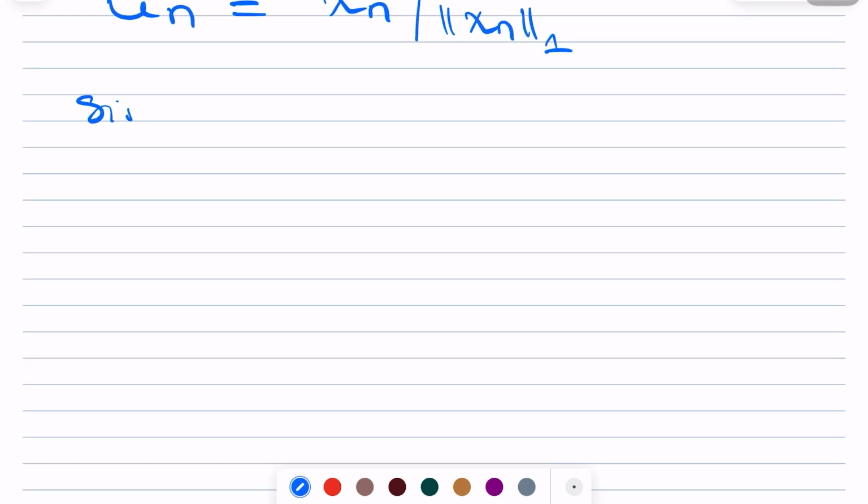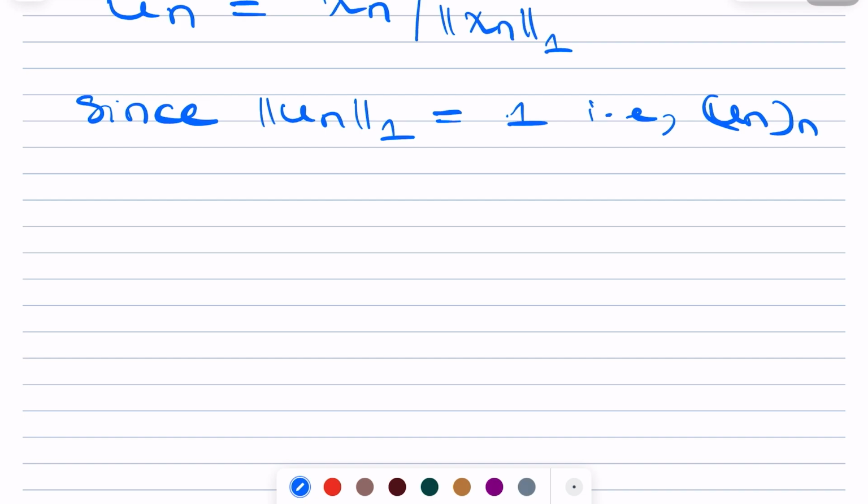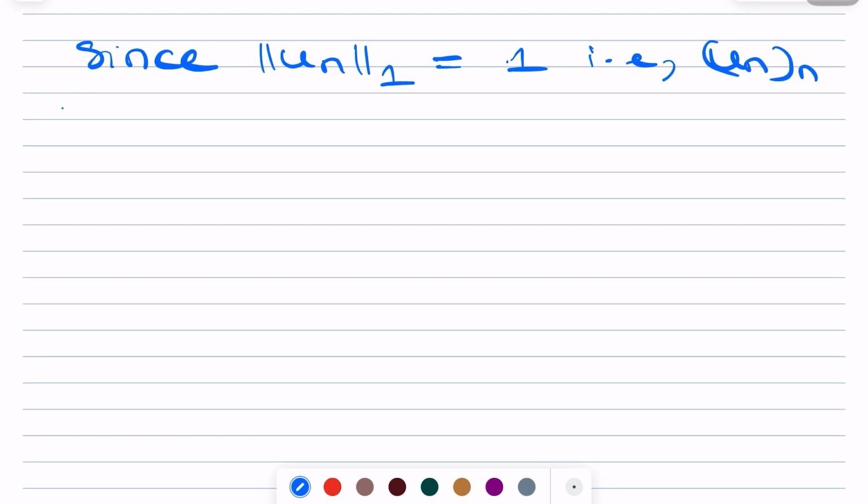Since the L1 norm of Un equals 1, this means Un is a bounded sequence. It's bounded.